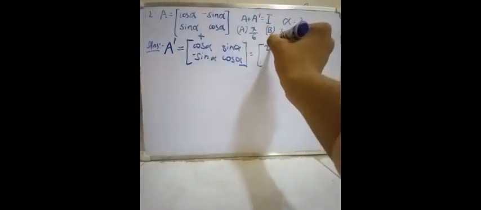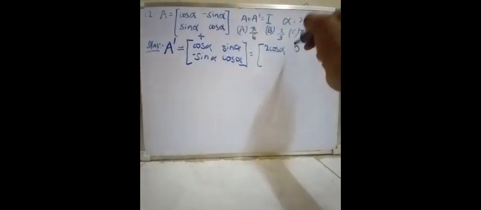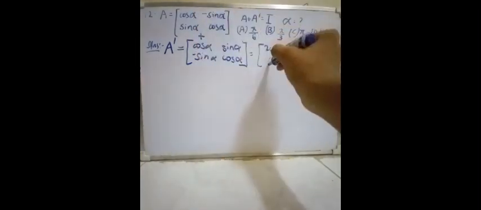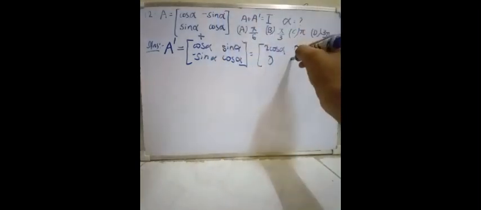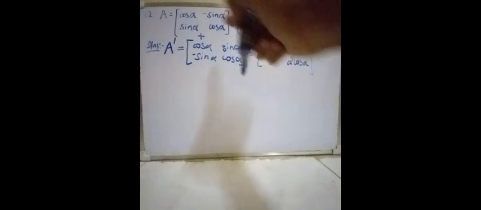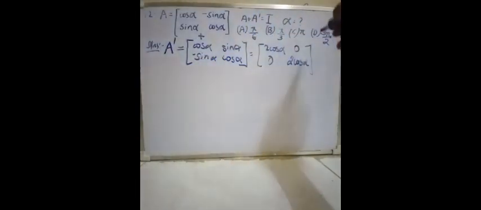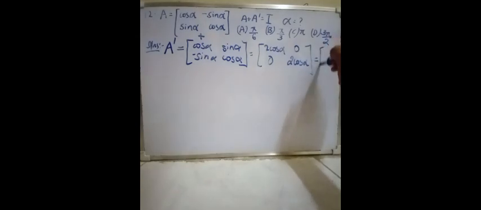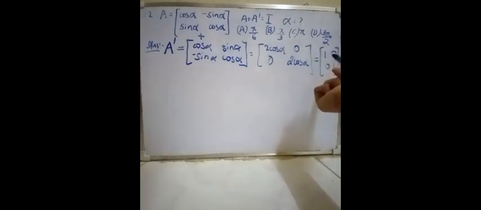So cos plus cos will be 2 cos alpha. Sine minus sine would be 0, sine minus sine would be 0, and cos plus cos would be 2 cos. They have given that A plus A dash is equal to I. This has to be equal to the identity matrix of 2 by 2 order, because this is also a 2 by 2 order matrix.